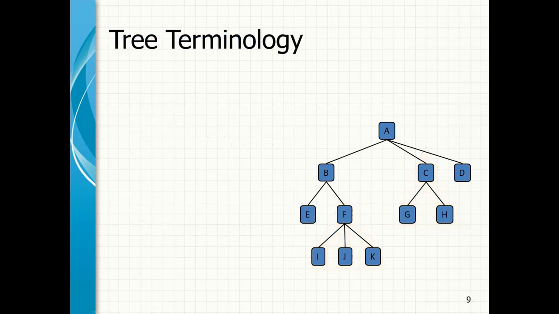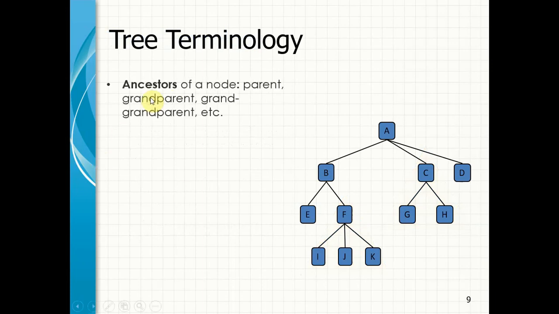So when we go further, we can think about other meanings. The ancestors of a node are just like parents, grandparents, and so on. Just like A, B, F. These are the ancestors of J. In Chinese, ancestor, right? Everything above it is an ancestor. The depth of a node is the number of ancestors.